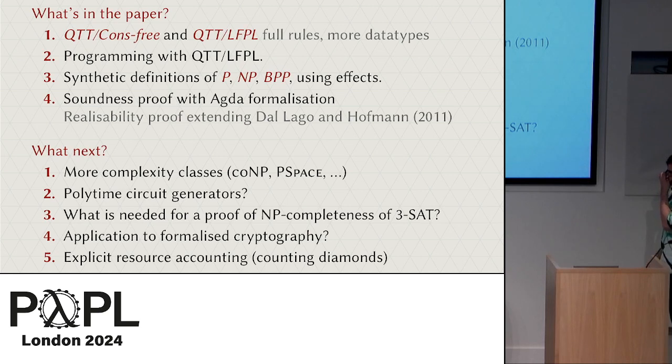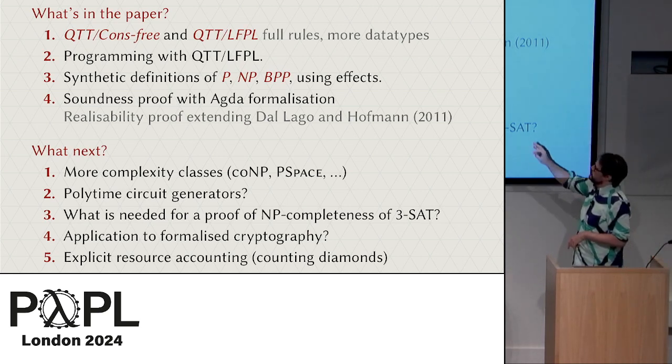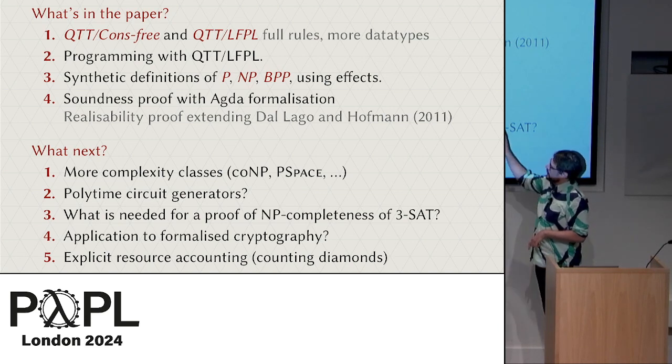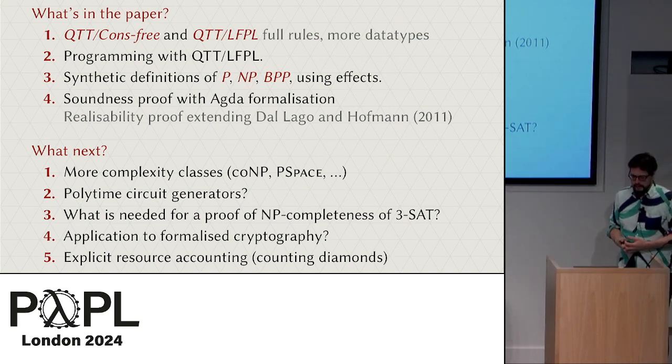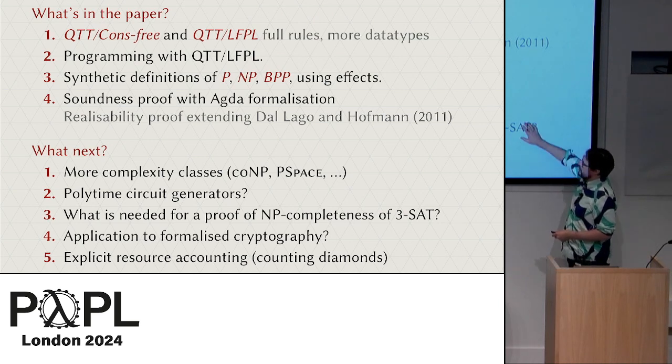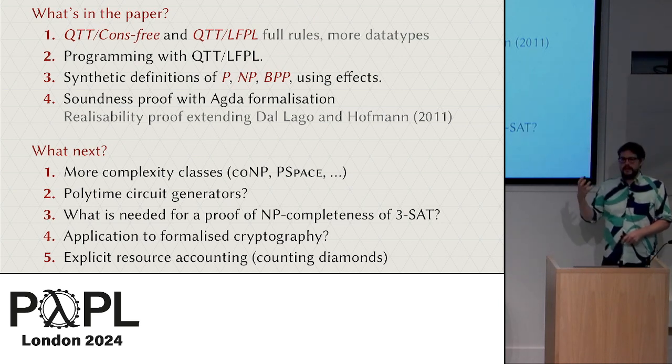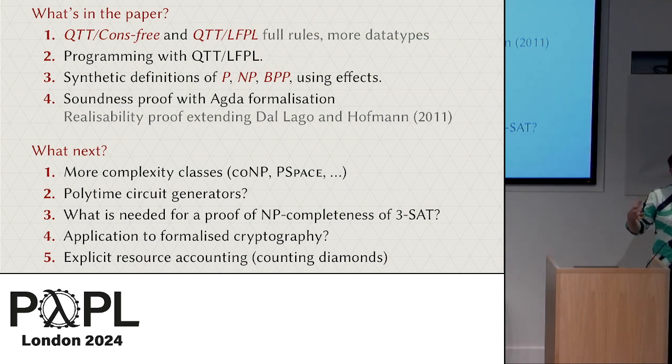Okay, so to conclude, what's in the paper? There's the full description of the systems, a bit about programming, and a description of the soundness proof with its Agda formalization. What next? Some more complexity classes, polytime circuit generators. I think the interesting thing is what is needed for a proof of NP completeness. What you actually need is to be able to get the source code of the program in order to encode it in 3SAT.